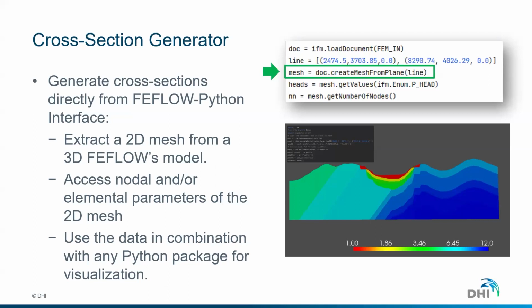You can pass a line or a plane, and then we create a new 2D mesh from that. In this new 2D mesh, representing the cross-section, you can apply any of the existing IFM methods. So you can ask for the conductivity or the hydraulic head at the nodes in this cross-section. This greatly facilitates visualization and control, especially in 3D full structure models, because you can draw an arbitrary number of polylines and, through Python, verify a lot of the information that you assign into the model.